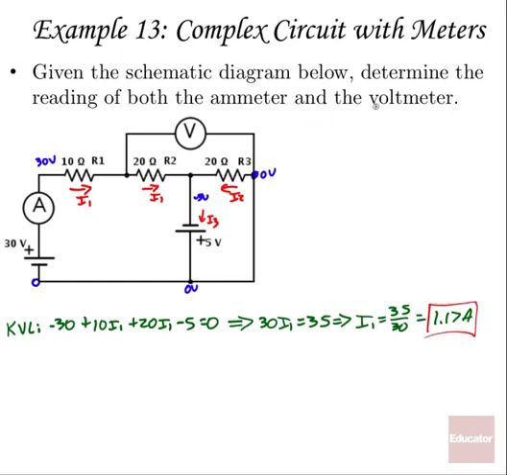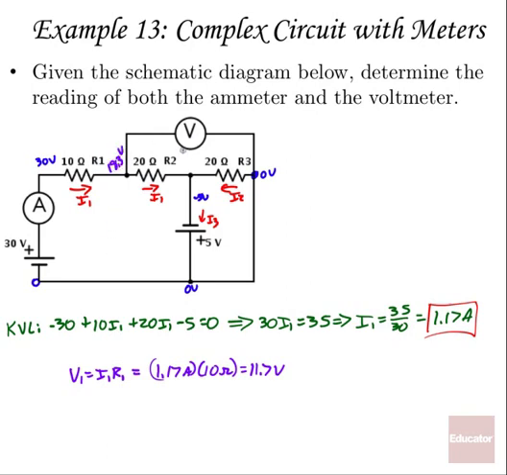All right, let's try and find the reading on the voltmeter. Well, the voltage drop across this R1 is going to be I1 times R1. So V1 equals I1 times R1. That drop then, I1 1.17 amps times R1, 10 ohms, is going to give us a drop of 11.7 volts. If this side is 30 and we drop 11.7, that must mean we have 18.3 volts left over here.